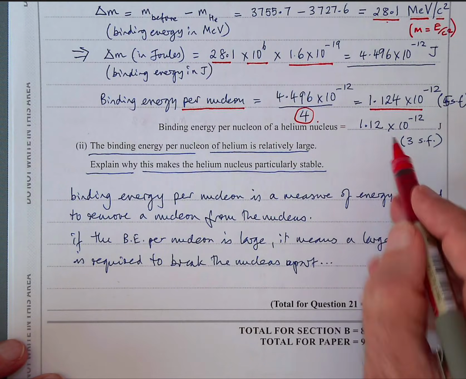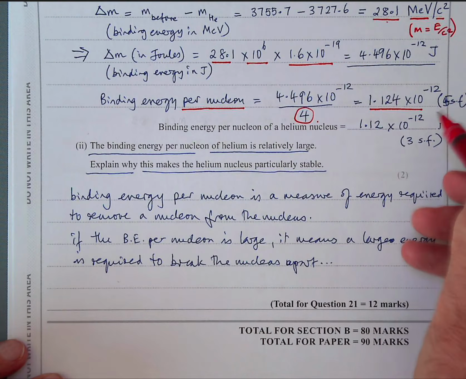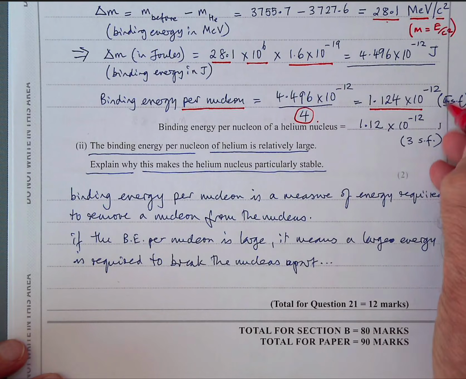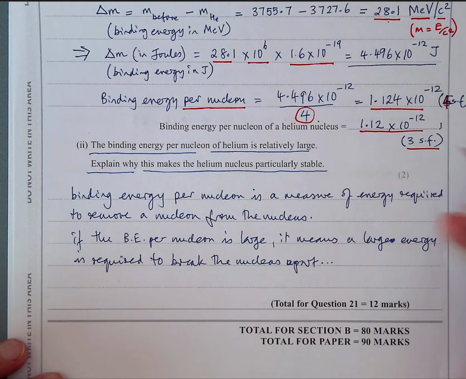That's 4 significant figures, and if you want to simplify it to 3 significant figures, which is usually more normal, then it would be 1.12.